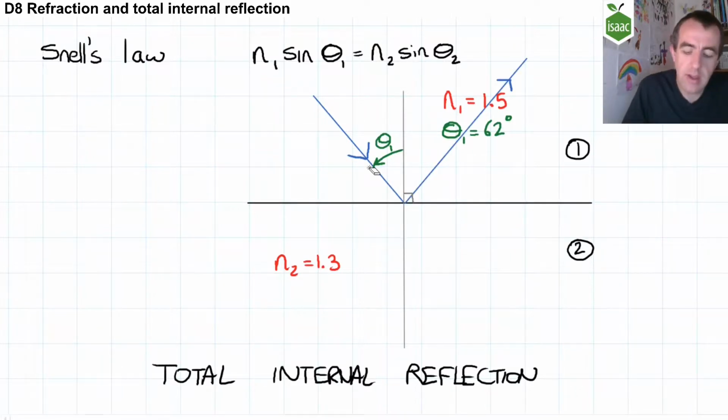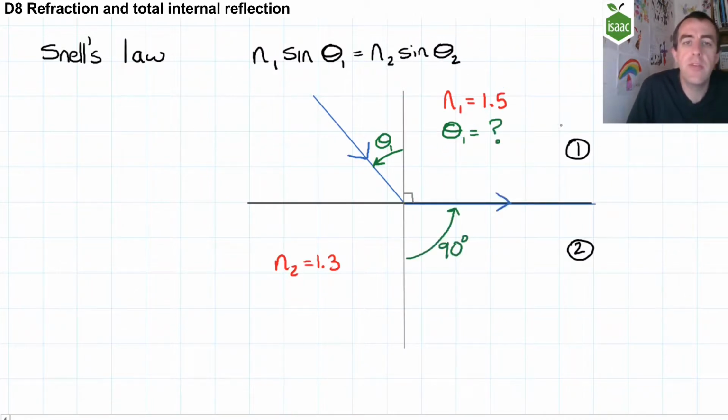And you can calculate the maximum angle of incidence that will give you refraction. And so I should say the minimum angle of incidence that will give you total internal reflection. And we call that the critical angle. We do that by supposing that the refracted angle, the angle of refraction, is 90 degrees. So theta 2 would be 90 degrees.